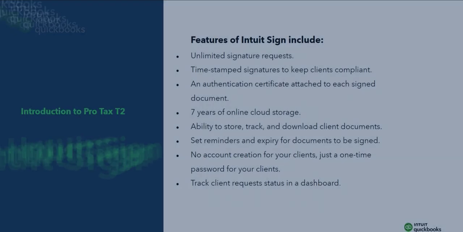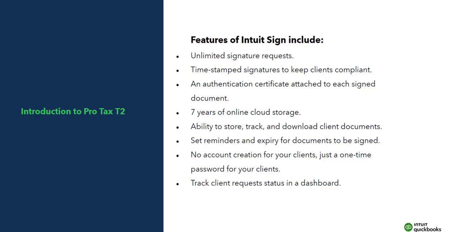So a few features that Intuit Sign includes are unlimited signature requests, time-stamped signatures to keep clients compliant, an authentication certificate attached to each signed document, 7 years of online cloud storage, the ability to store, track, and download client documents, set reminders and expiry for documents to be signed. No account creation is required for your clients, just a one-time password for your clients. And you can track client request statuses in the dashboard.